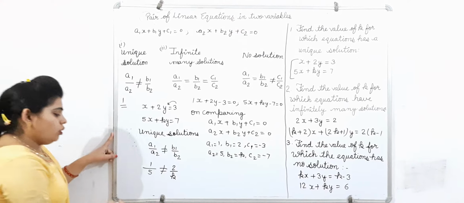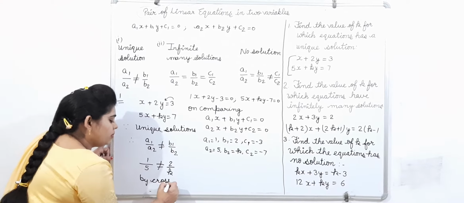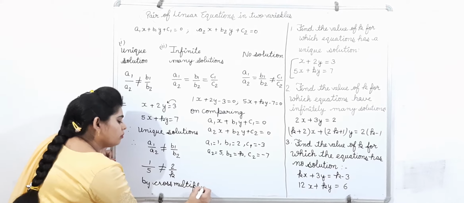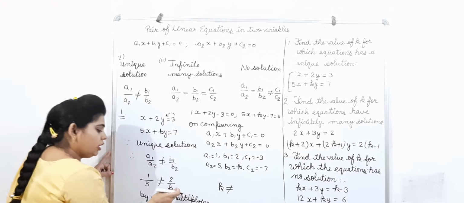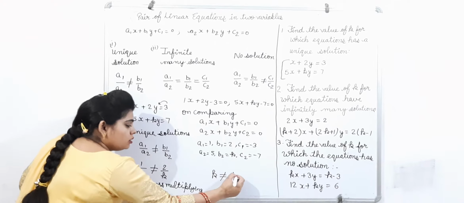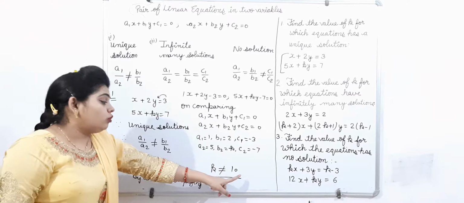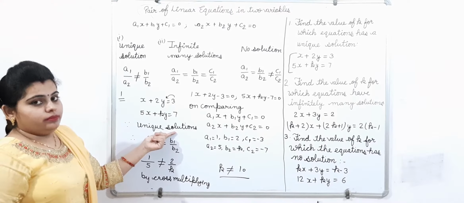On cross multiplying, we get k not equal to 10. So k should not be equal to 10 for the equations to have a unique solution.